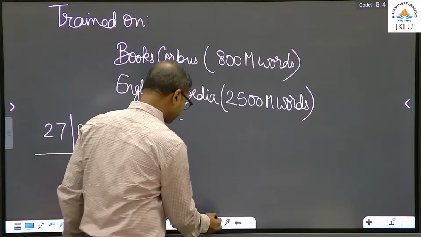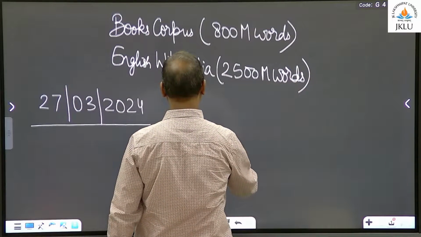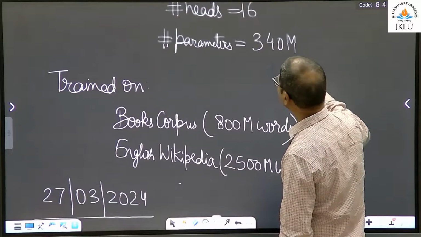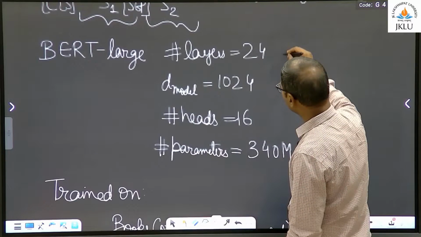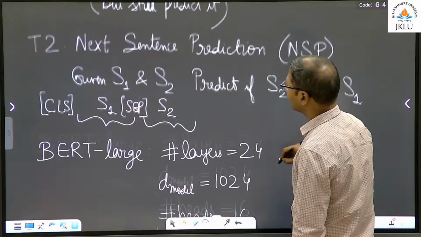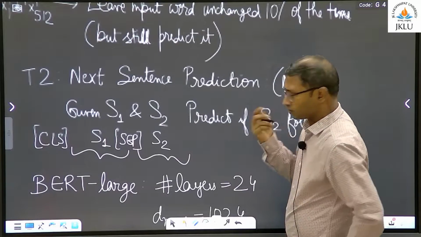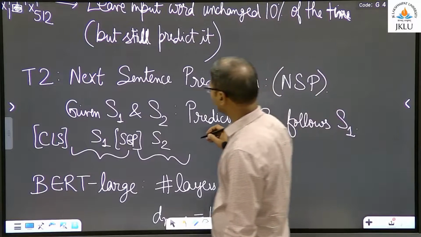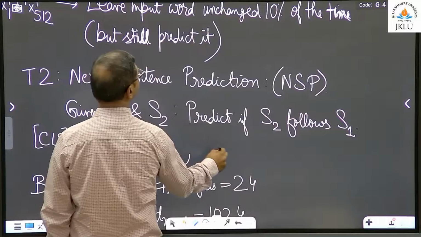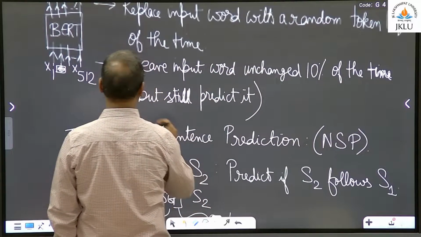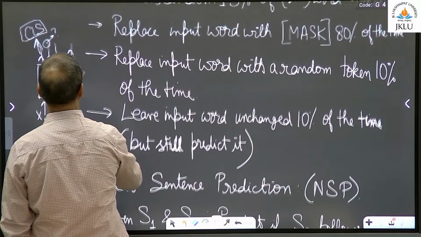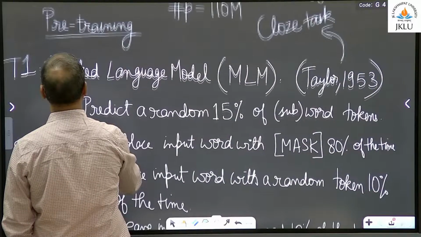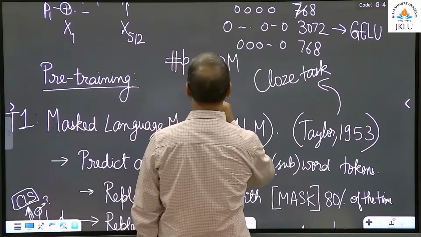So, in a way we have already talked about BERT. We have talked about BERT large architecture. Just to recap, because there has been a gap of almost 8-9 days, what we were doing here. So, we talked about the task on which BERT was pre-trained on.